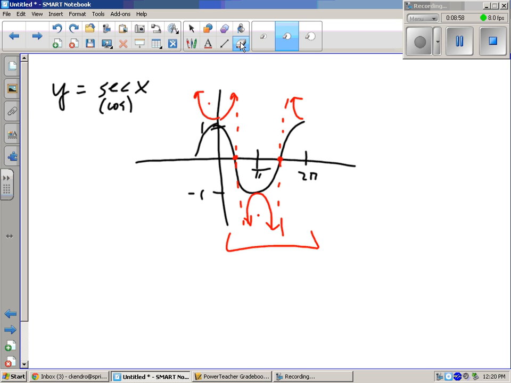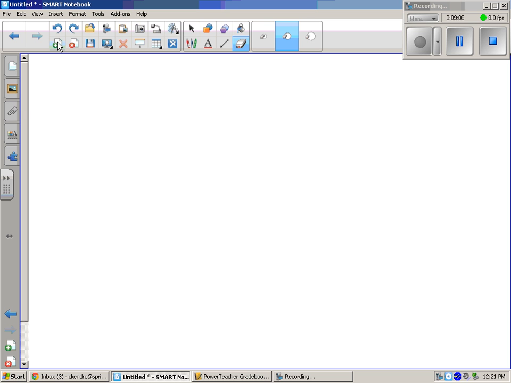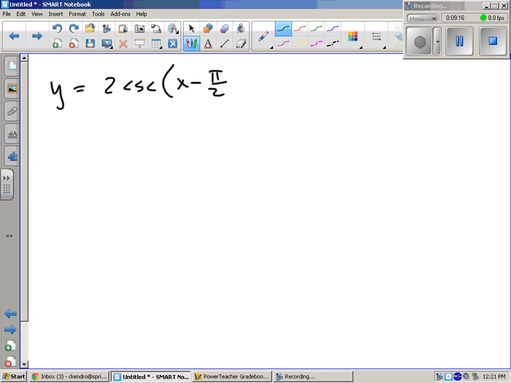I'm going to erase this part just so you get an idea again of what it should look like. All right, so let's do one that has a lot of changes. Let's try y equals 2 cosecant of x minus pi over 2, plus 1. So first of all, the amplitude is 2 because of this.